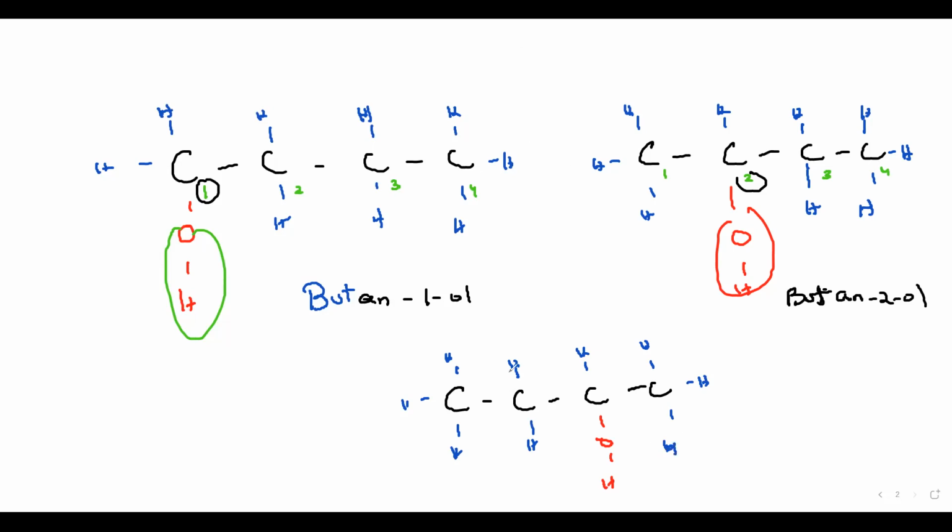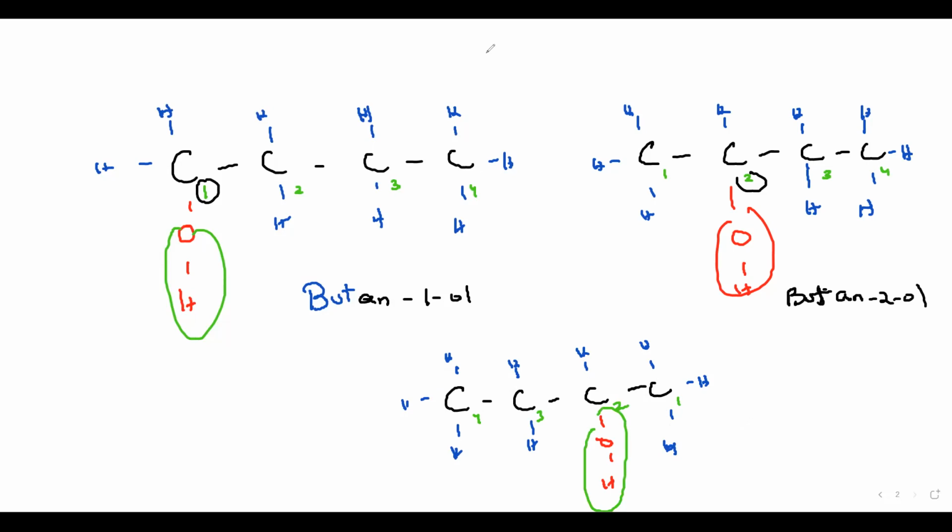When we count from the left hand side, 1, 2, 3, 4, the third carbon has OH. But when I count from the right hand side, 1, 2, 3 and 4, the second carbon has OH. So numbering should always start from the nearest OH. So we only follow numbering from right to left, and then the OH is on the second carbon.